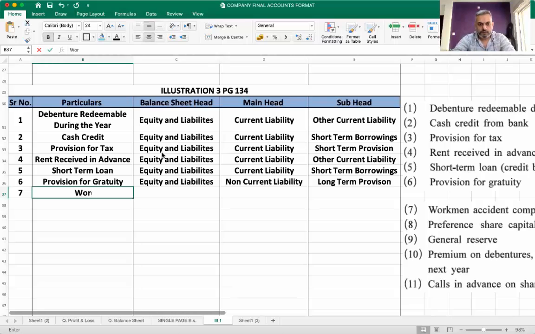Seventh is workmen accident compensation fund.